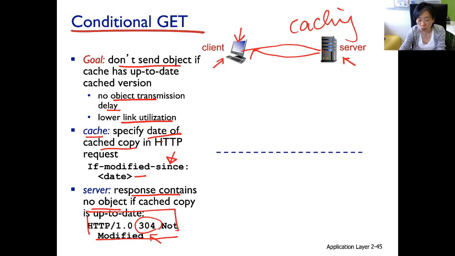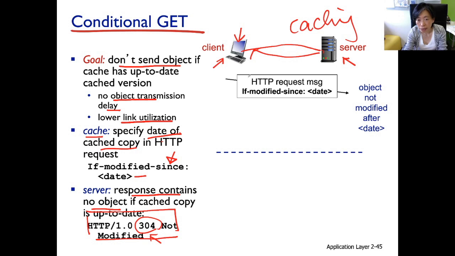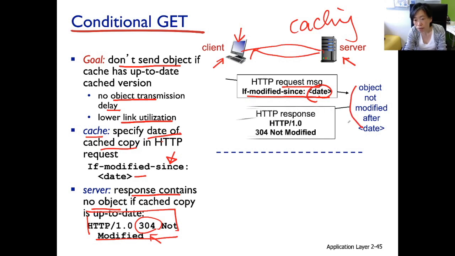And the way it works is more like this. Let me illustrate. The second time, the client requesting the web object sends a request message with this header line: If-Modified-Since, the date the page was downloaded the previous time. If the server finds that it's not yet modified, then it sends back a short HTTP response carrying the status line.